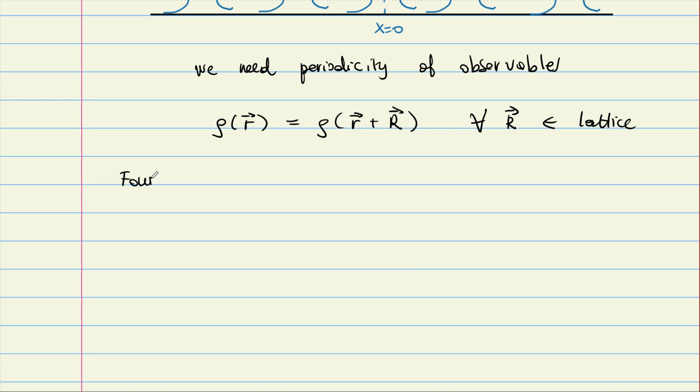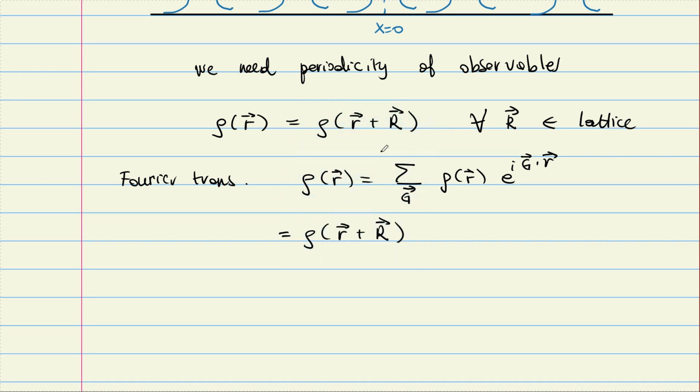In the case of rho of r, we can consider the sum over G of rho of G times e to the i G dot r, and using this to be equal to this object, we can just translate also the Fourier transform. So this is going to be r plus R.